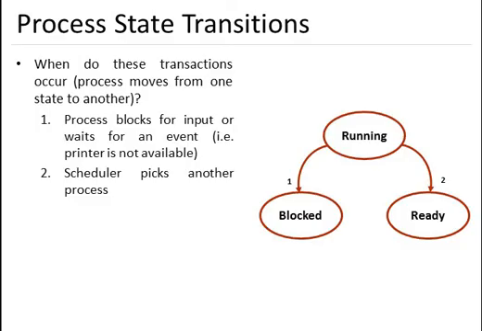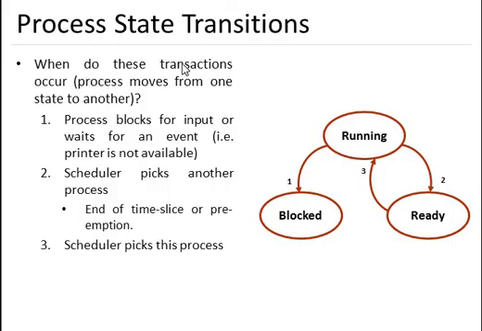Okay, so this is from running to ready. This process is not yet completed, it is not finished yet. It still requires the CPU for its further execution. The reasons are, for example, the end of a time slice or a preemption.